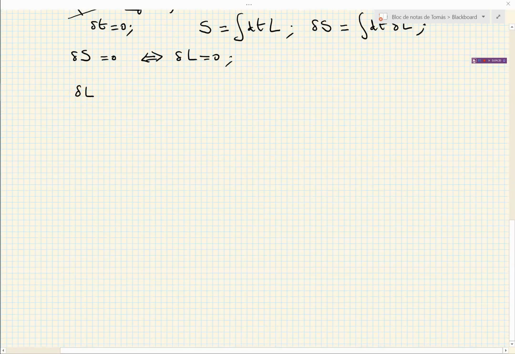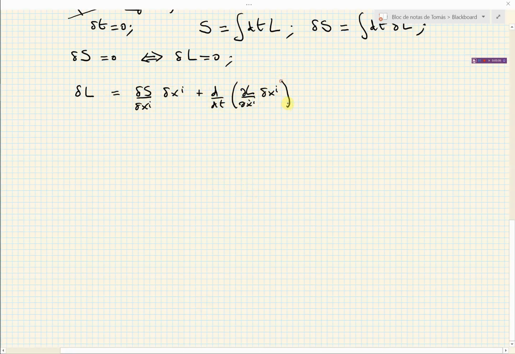Now delta L is something that we have computed before, although we did it with the intention of finding the Euler-Lagrange equations of motion, and in the end, after we varied L, we used the boundary conditions of the delta xi's, etc. The calculation initially is just the same, and you get delta S over delta xi, times delta xi, plus a total derivative with respect to time of partial L partial x dot i times delta xi.